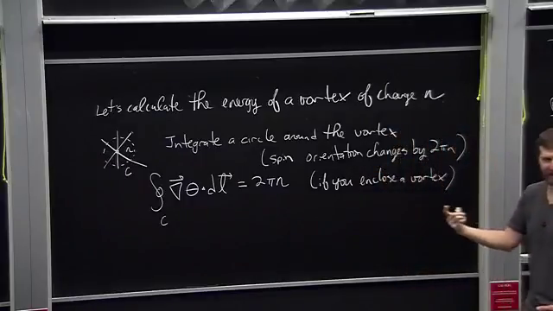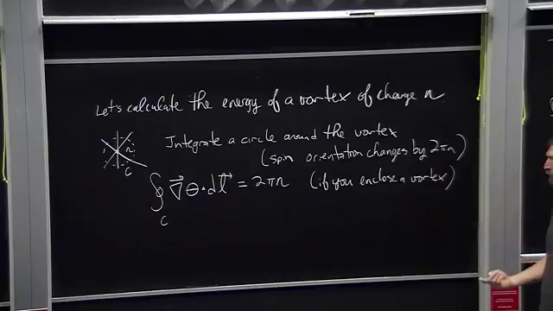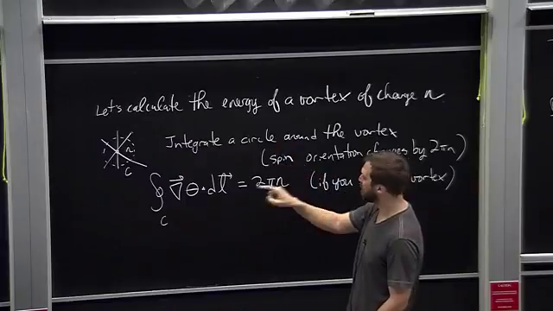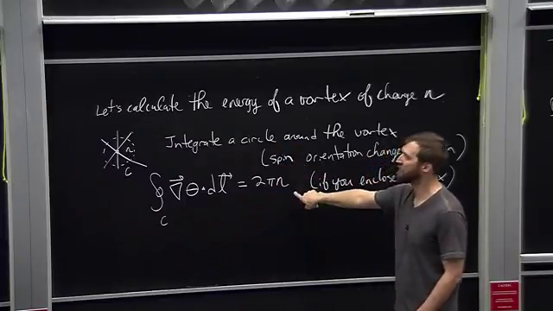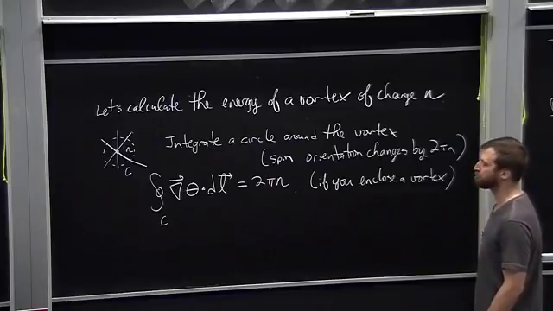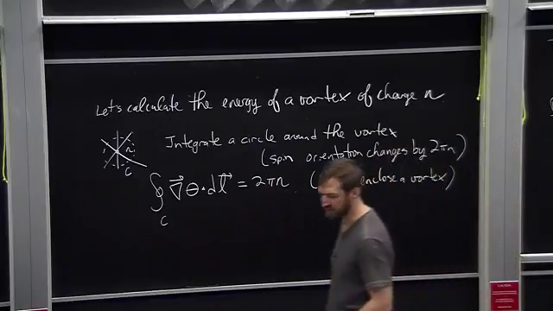So that's the constraint on the field, basically, if you have a vortex. So I define a vortex with that winding number, and if I do that integral, that's what I get out. I think that makes sense.